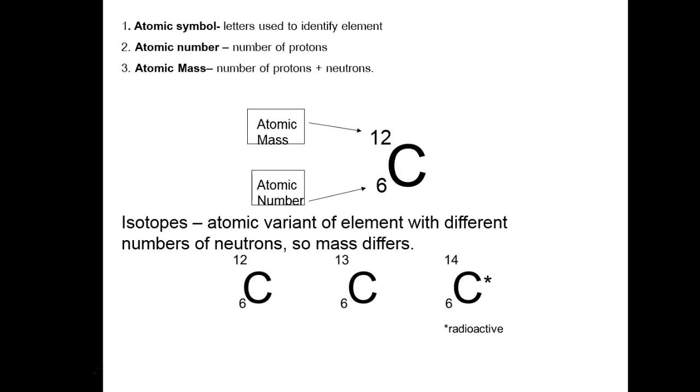And this idea of isotopes is you have the same number of protons, but you can have different numbers of neutrons. So neutrons can be forced on or added on. It does tend to make some of these isotopes radioactive, and henceforth very useful in medicine and in dating fossils.